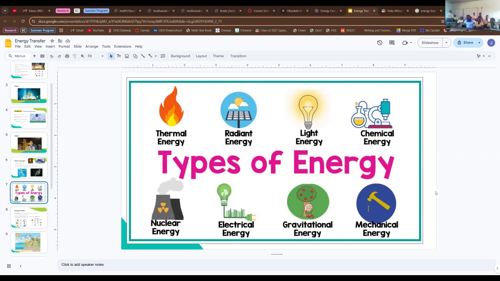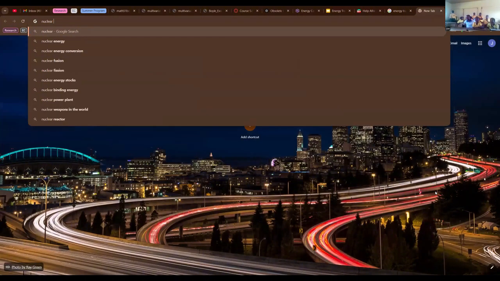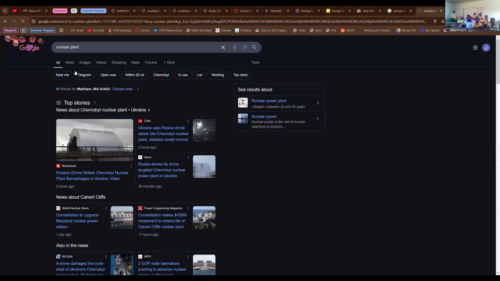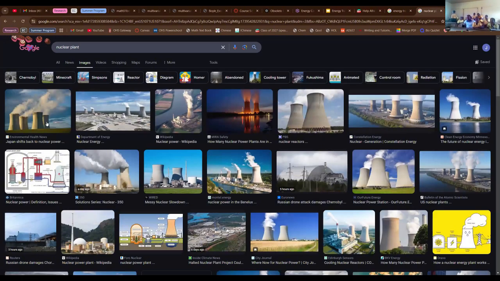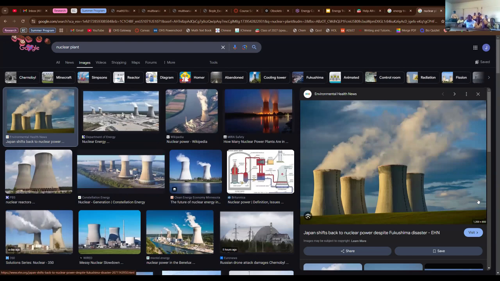They are shaped kind of like this. If you've seen pictures like this, these are where nuclear energies are stored and converted.